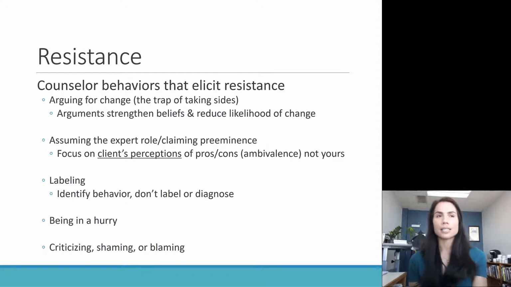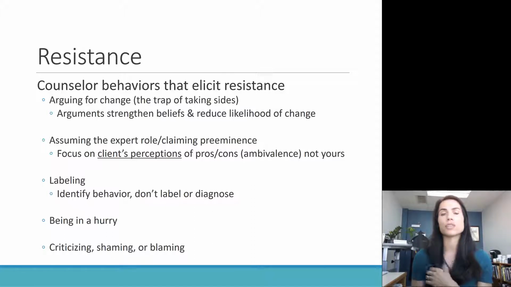So, for instance, if you're talking about someone who is not that active, but they see themselves as relatively active, and you say, yeah, most of your behavior is pretty sedentary, right away, because of labeling, you might put that person into a feeling of resistance, okay? If you're in a hurry, people might not feel as connected.